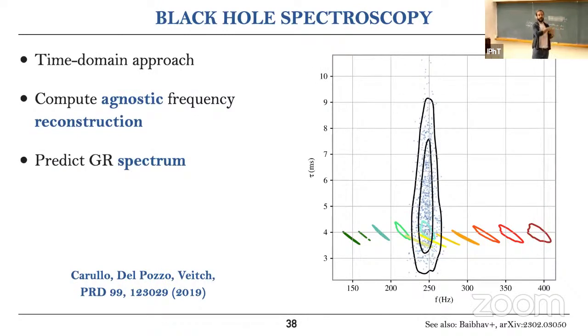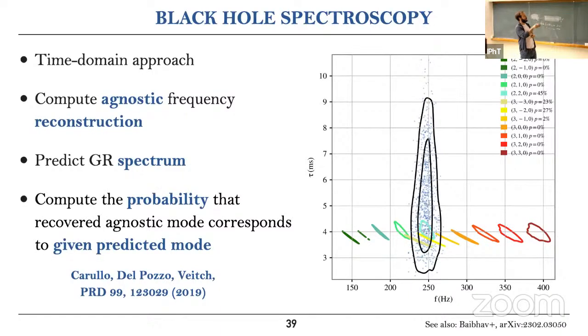GR predicts a tower of quasi-normal modes, and each of these ellipses is a different quasi-normal mode. Then you check with which modes your reconstruction agrees. In this case, the agnostic reconstruction agrees the most with the quadrupolar mode, which is what we already discussed. So basically, you formulate black hole spectroscopy in a Bayesian formulation.